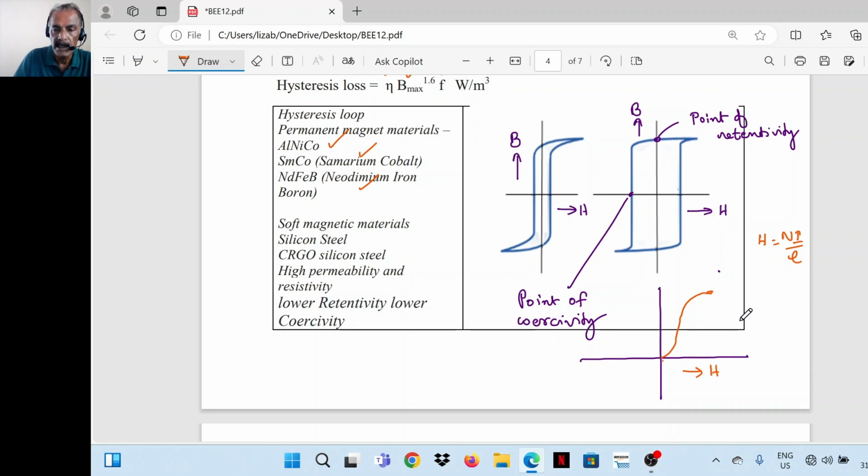Further, if we increase H, B will not vary considerably, which stage is called saturation.